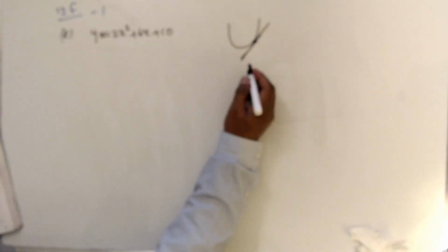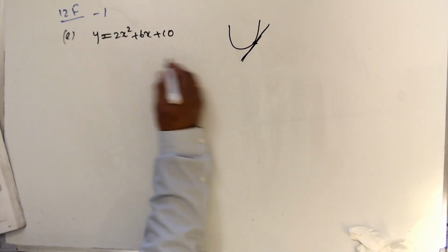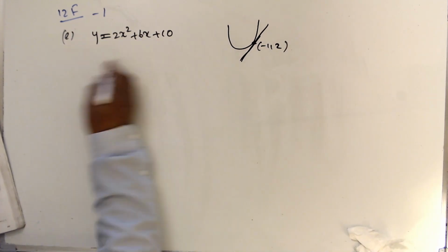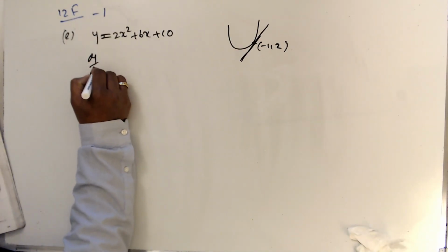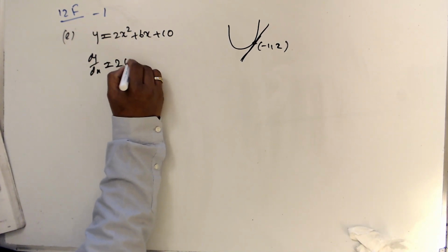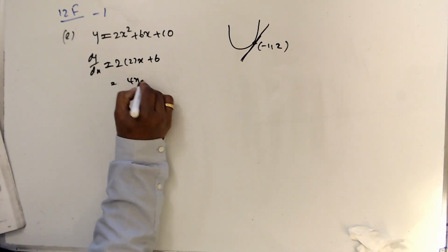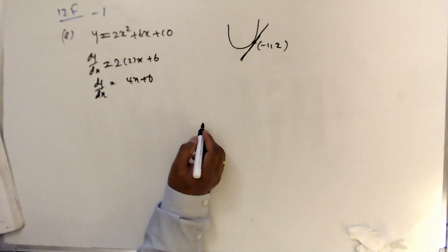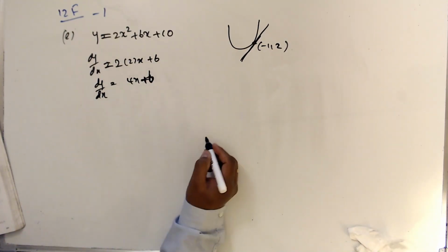Yeah, the question is, if y equal, and this point is minus 1, 2. So dy by dx is 2 times 2x plus 6, so 4x plus 6.